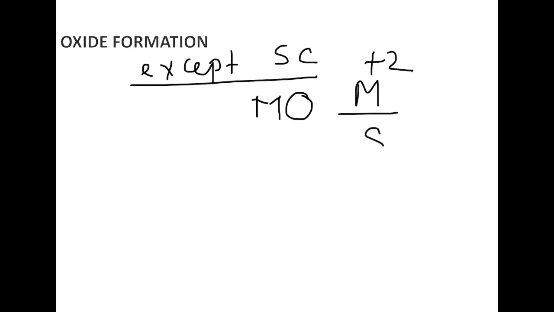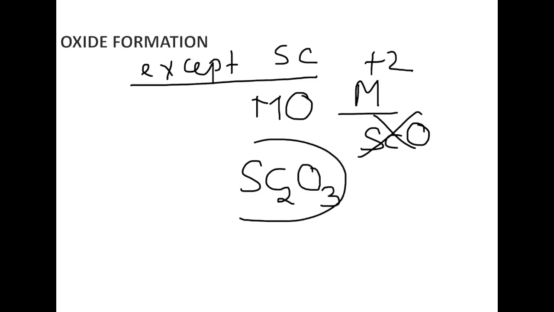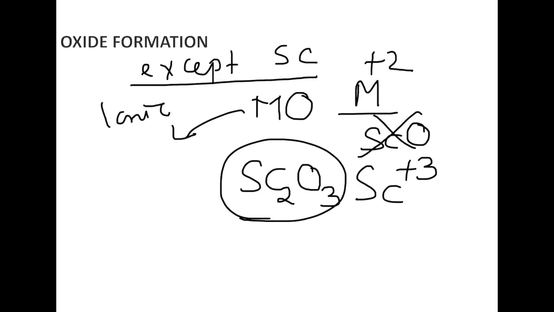But scandium oxide does not exist in this form. Scandium forms Sc2O3, where the oxidation state of scandium is +3. The nature of MO is ionic.